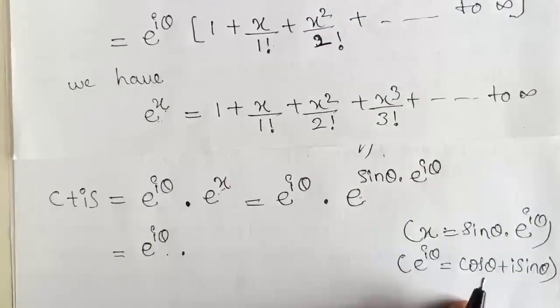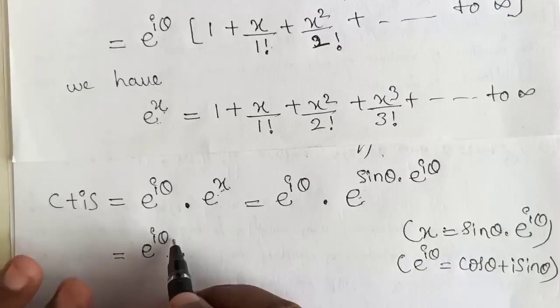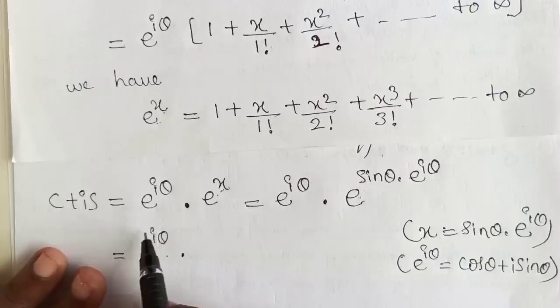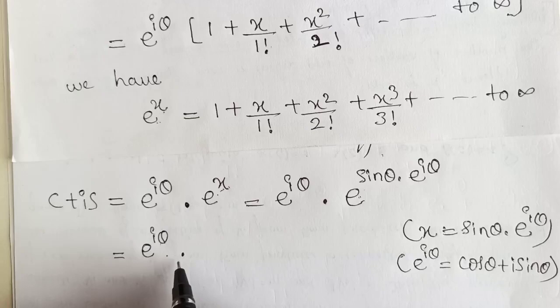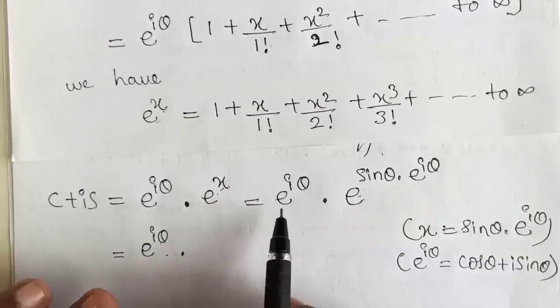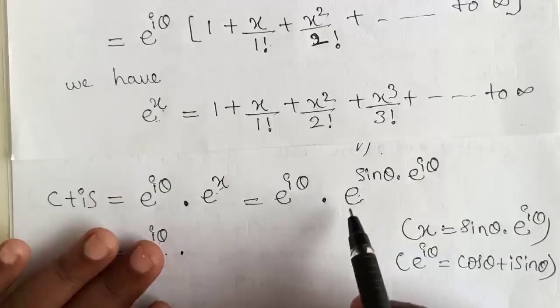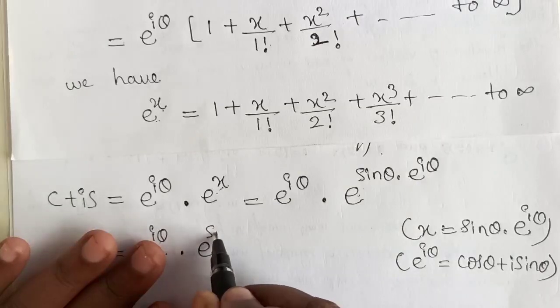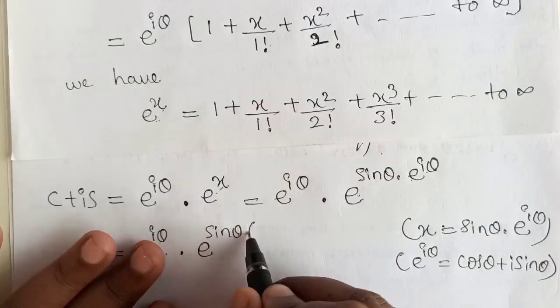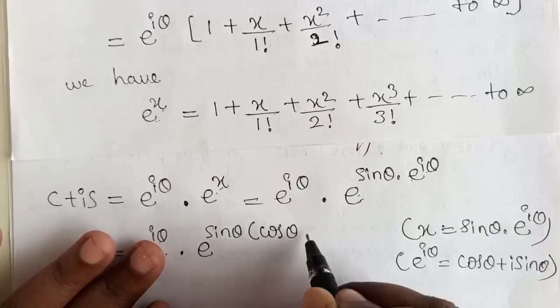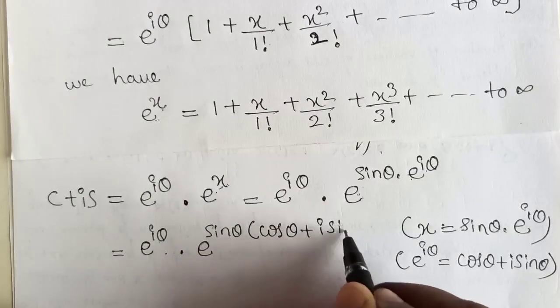First keep e raised to I theta as it is, so don't represent it as cos theta plus I sin theta yet, because simplification will be difficult. Keep e raised to sin theta also as it is.